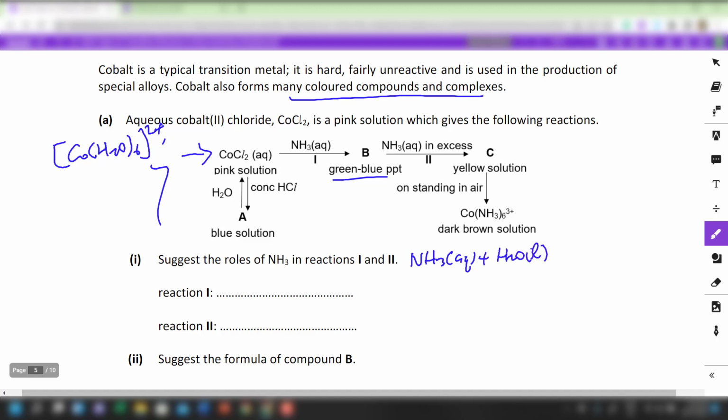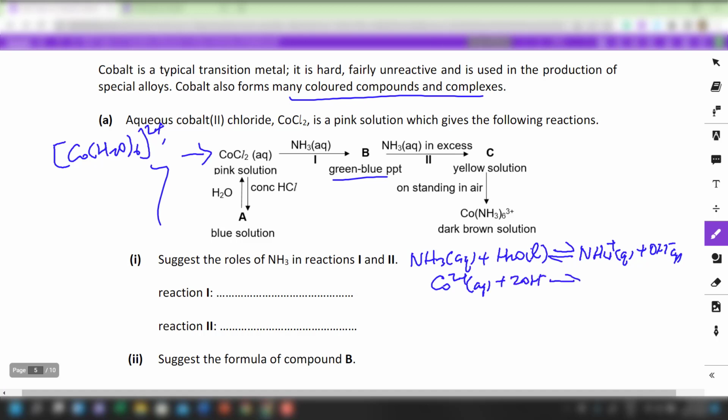Because ammonia is a weak base, it will ionize very slightly in water, and in the process it gives us ammonium as well as OH minus. The little bits of OH minus in our case here will result in the ionic product of cobalt(II) hydroxide exceeding its Ksp.